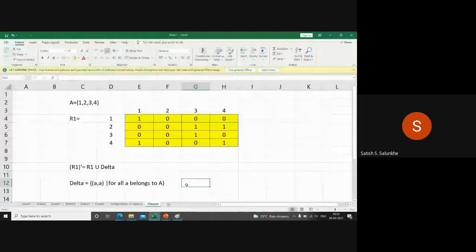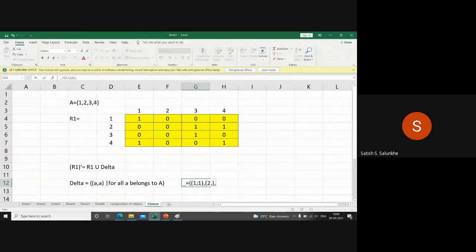When you perform delta, what set are you getting here? You are just simply getting, for every element, that (a, a). So that is your resultant delta set. So this is (1,1), then (2,2), then (3,3), and (4,4). That's it. So this is your resultant relation delta.